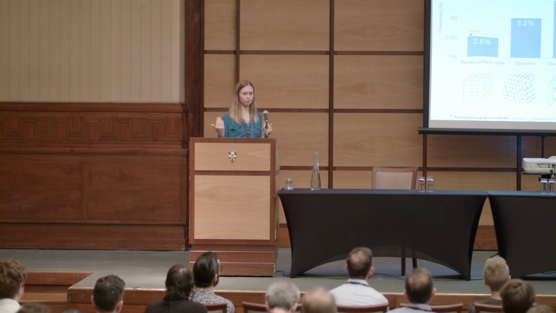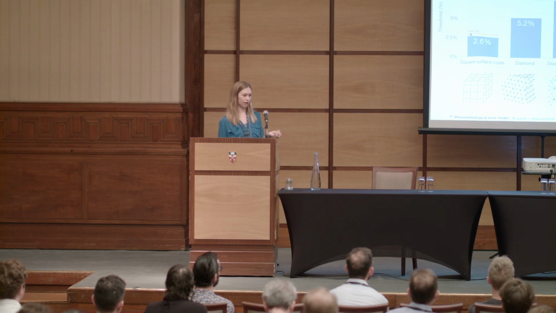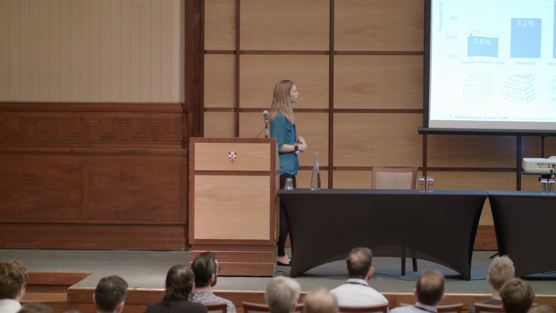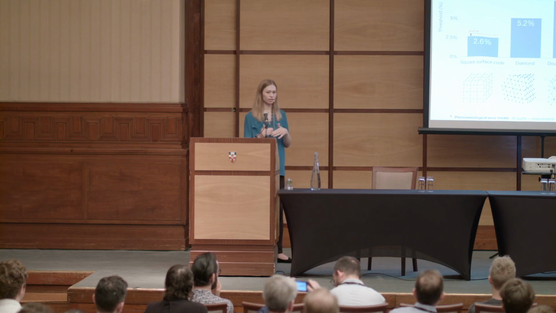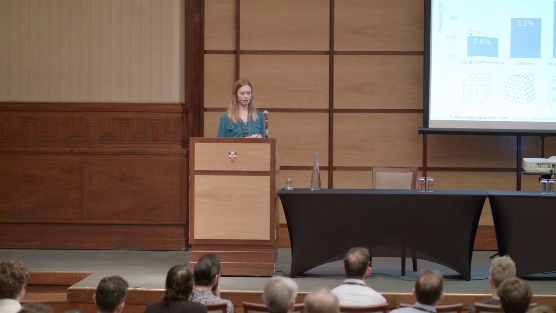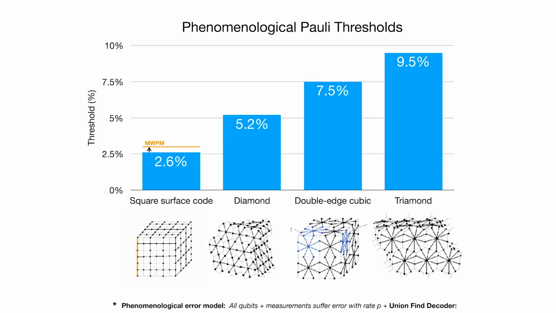So these are phenomenological thresholds, which you can compare to the case that every qubit gets a bit flip and every measurement outcome gets a flip. It's also just worth noting that these calculations were performed with the union-find decoder, which has a slightly lower threshold than perfect matching, which is indicated in that first bar. So probably all these other numbers can also go up a bit if you use a better decoder.